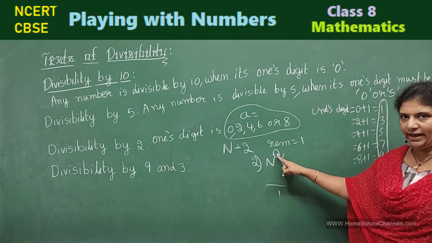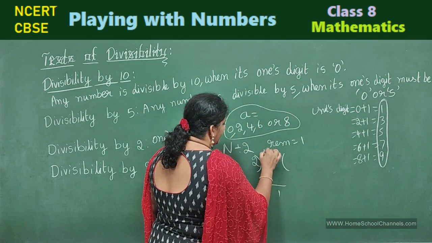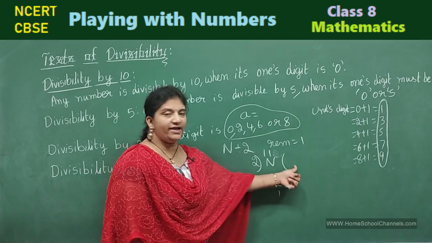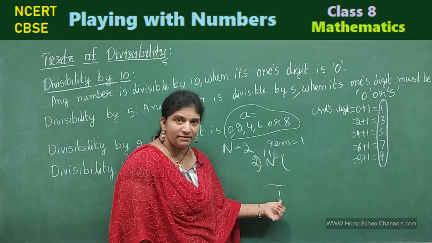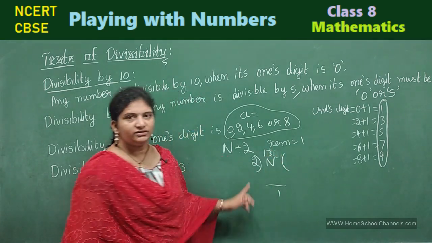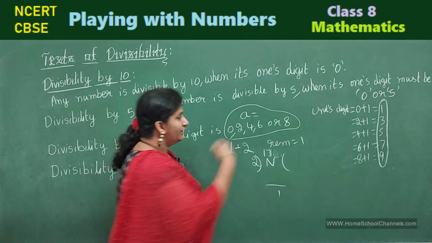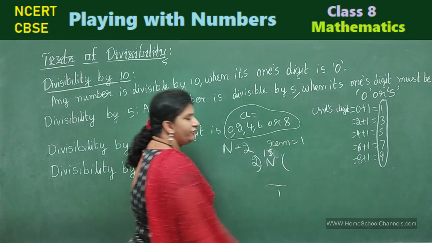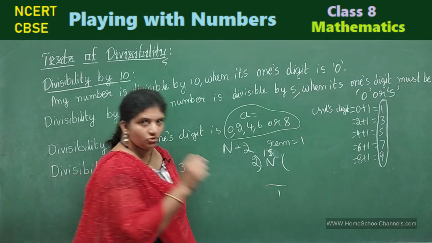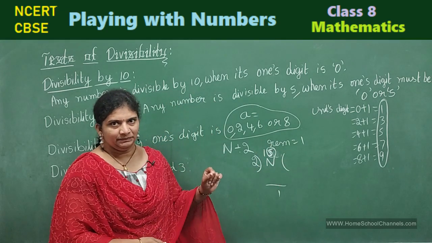Suppose it is 1. Let us take one example here. Let me take 11: 2 5s are 10, 1 is the remainder. Suppose 13: 2 6s are 12, 1 is the remainder. Then again 15: 2 7s are 14, 1 is the remainder. So, you have many options for this digit.